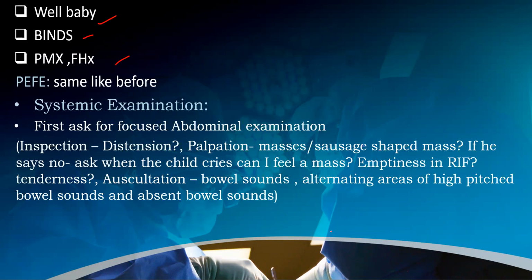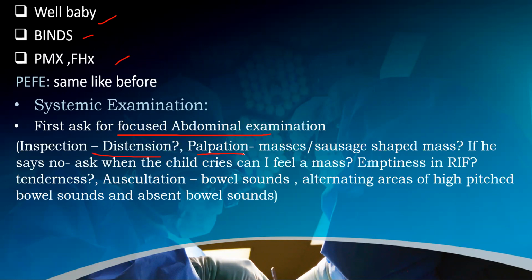In this case, PEFE will be the same format, but in the physical examination, when you do the focused abdominal exam, there are some important findings you should look for. On inspection, you can get abdominal distension because it's a kind of obstruction.